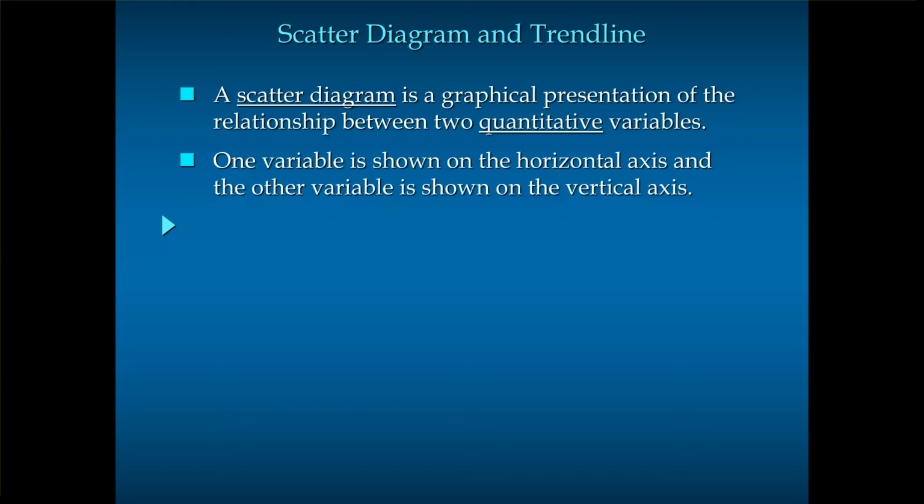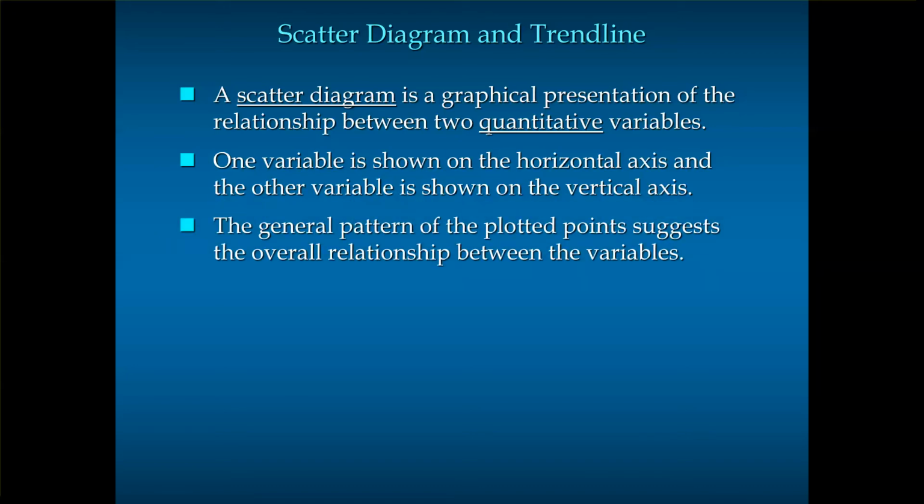Now you want to ask me, what do we expect to see on this diagram, and how can we judge the relationship based on the pattern of the diagram? We will talk about it in the following slides. The general pattern of the plotted points suggests the overall relationship between the variables.